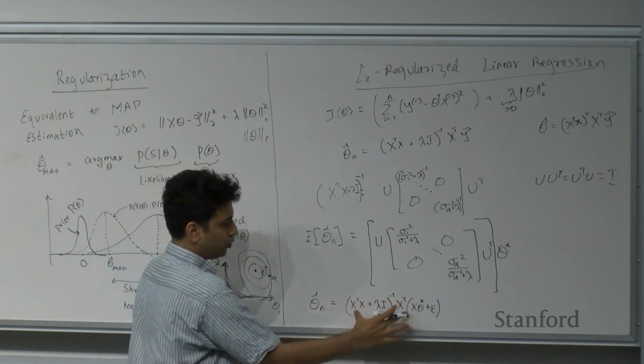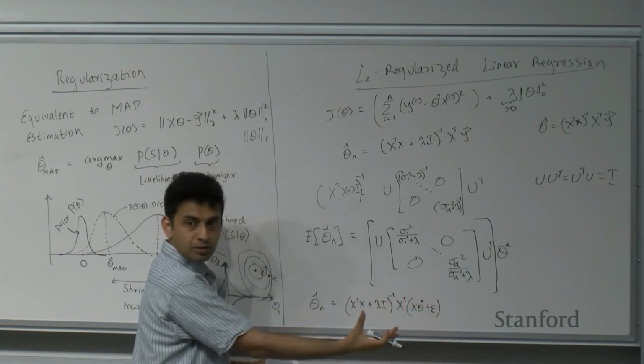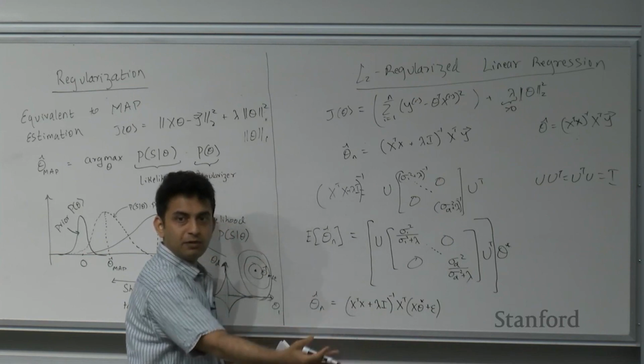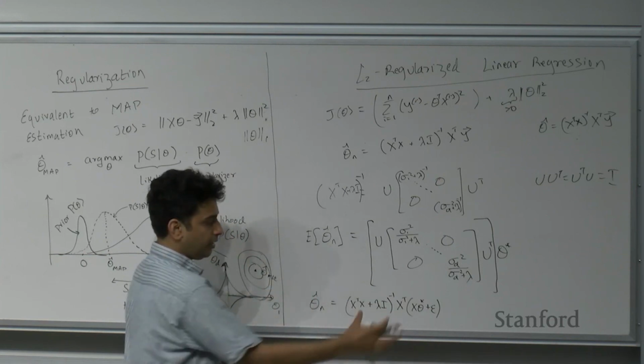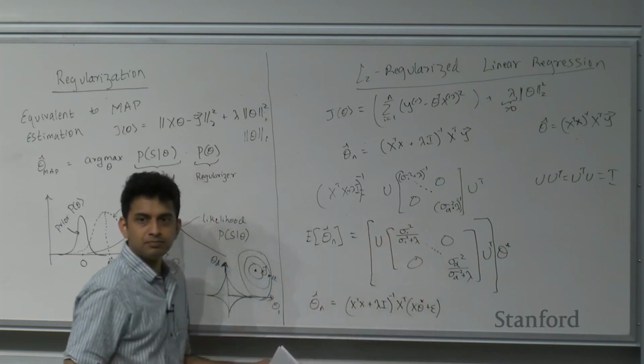You expand this and you get 2 terms, and because of the epsilon the second term just becomes 0, since the expectation of epsilon times a scalar is 0. To the first expression you apply eigen decomposition, and you get this.